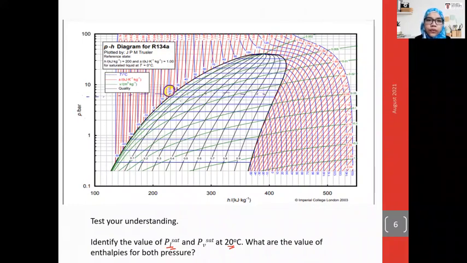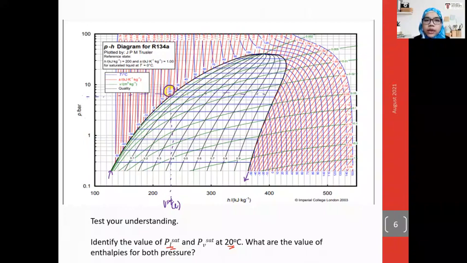Okay, what are the values of enthalpy for both? For the saturated liquid, this is our saturation line here. The left side is the liquid. So at the first line, where it touches this line at this pressure, we can have the value of enthalpy for the saturated liquid.